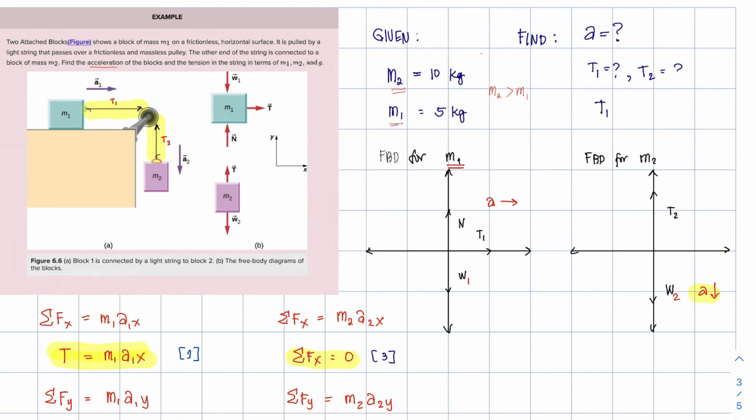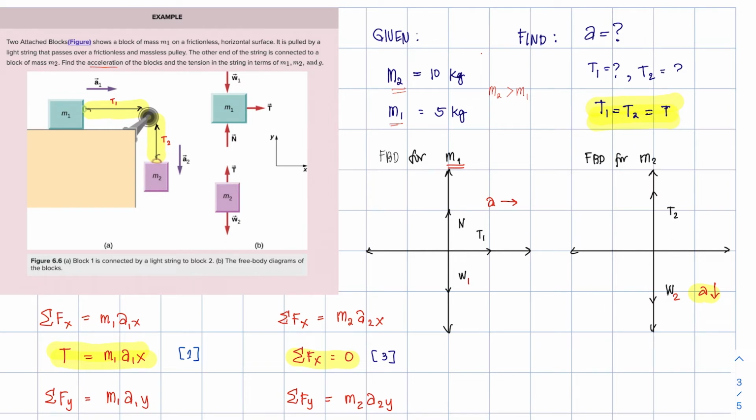So T1 will just be equal to T2, and for either T1 or T2, I will just call that T for brevity. So we have established that all of the tensions that we are dealing with here are just equal.